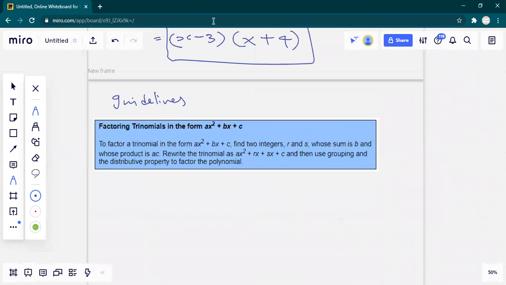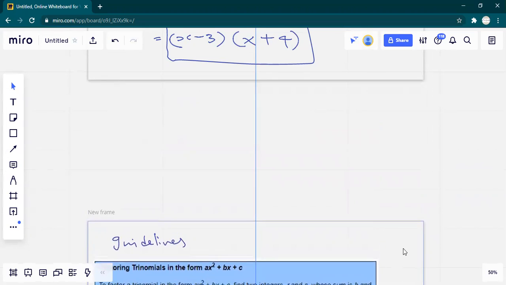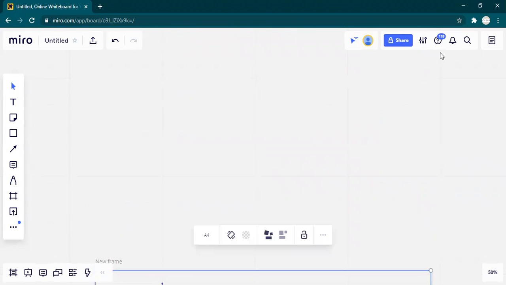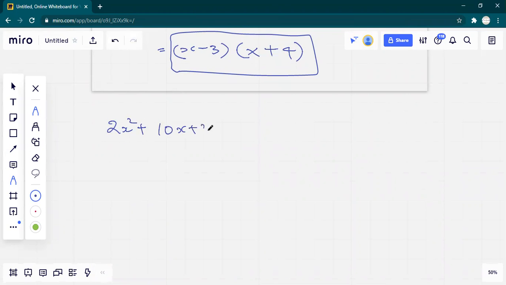Yeah, let me use more space here. Okay, for example, some trinomials look like 2x squared plus 10x plus 2. Okay, this is the second case.